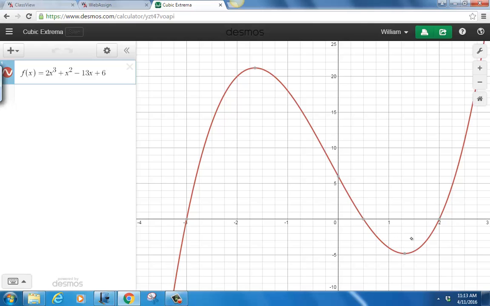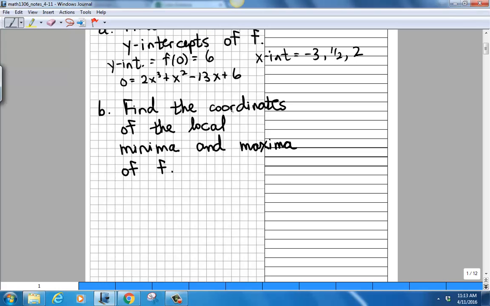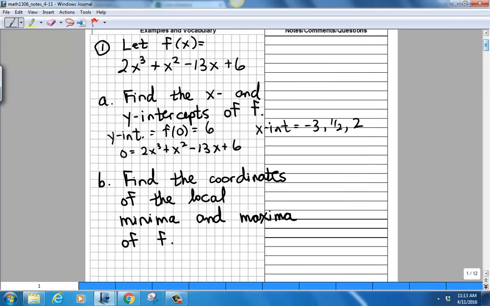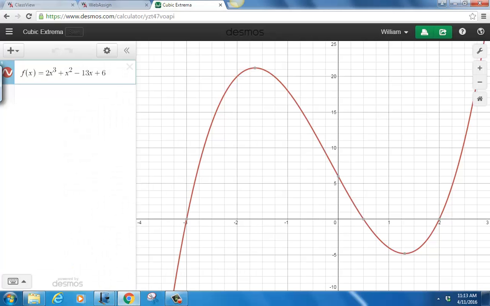But can we possibly do this without estimating from the graph? Okay? So can we answer this question with pencil and paper, or try to answer this question with pencil and paper? Okay? That's what I want to see if I can do here. All right? Again, where on the graph then are we looking for the local minima and the local maxima?